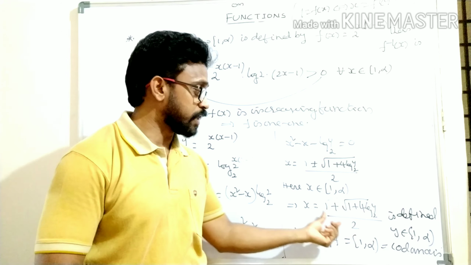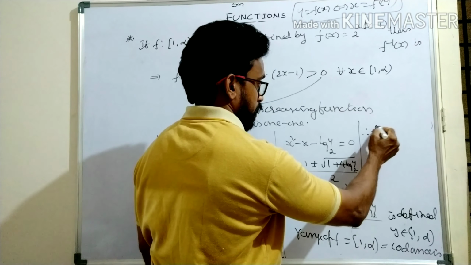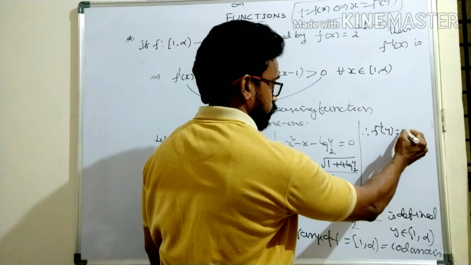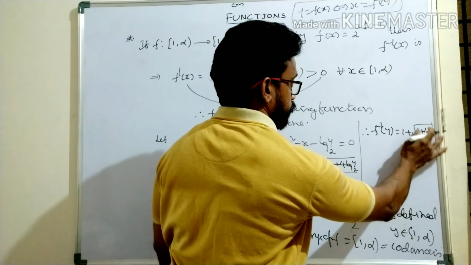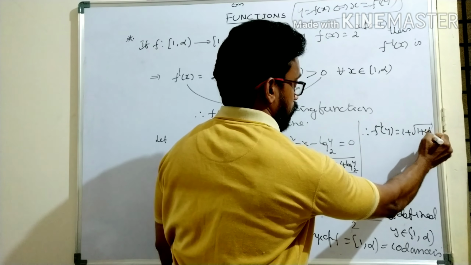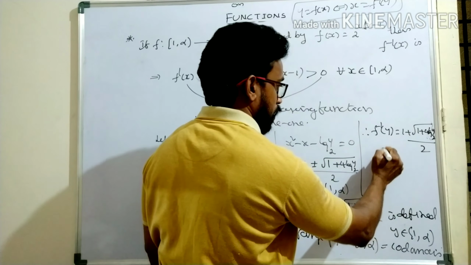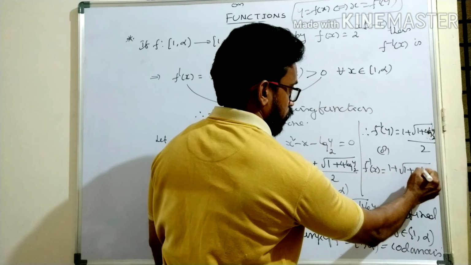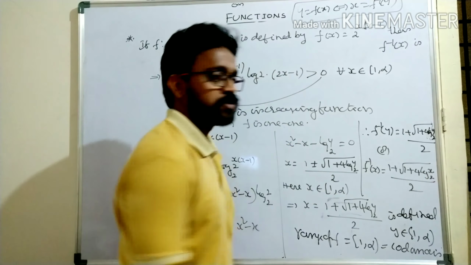Now we already calculated, so therefore f inverse of y is equal to 1 plus root of 1 plus 4 log y to the base 2, by 2, or we can write f inverse of x is equal to 1 plus root of 1 plus 4 log x to the base 2, whole divided by 2. This is the inverse of the given function.